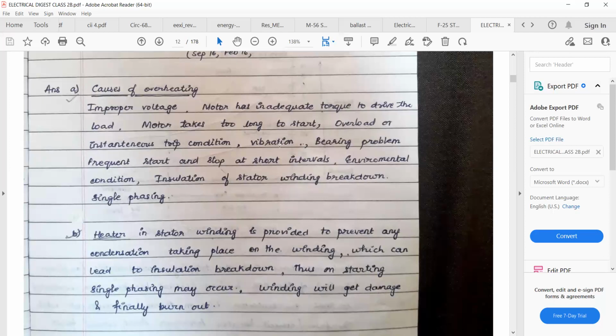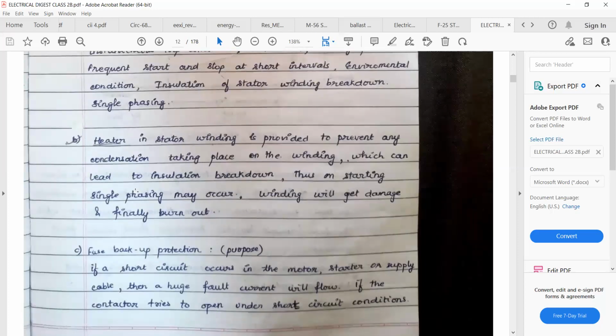If there is vibration, there is a bearing problem, or frequent start stop at short intervals. Environmental condition, insulation of the stator winding breakdown, or there can be single phasing. Okay, these all can be the problem.